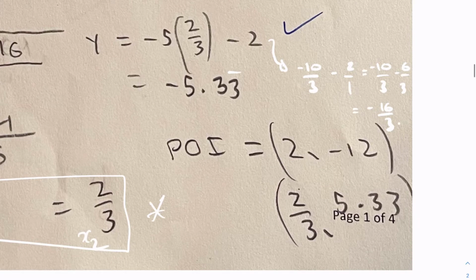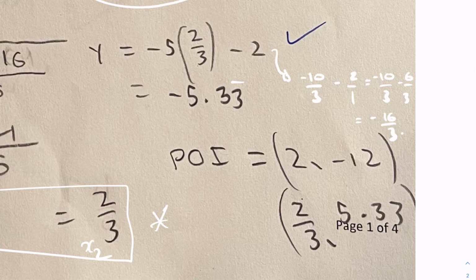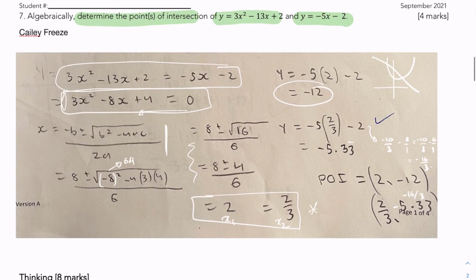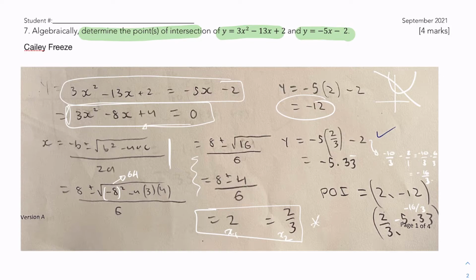Okay, so 5.3 is -16/3. And again, she forgot the negative there, but it's still good. Okay, so that is a solution to a linear quadratic system.